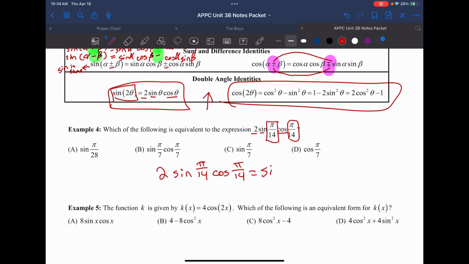So sine of 2 times pi over 14, which gives me sine of 2 pi over 14, which simplifies to sine of pi over 7. Sine of pi over 7.